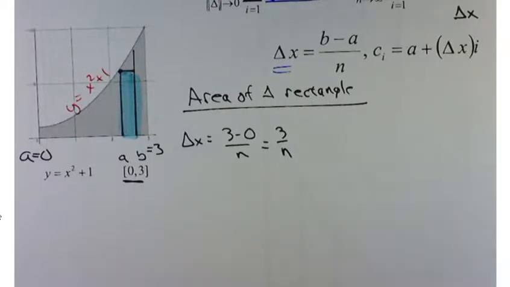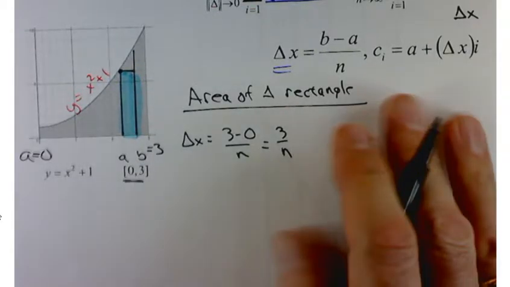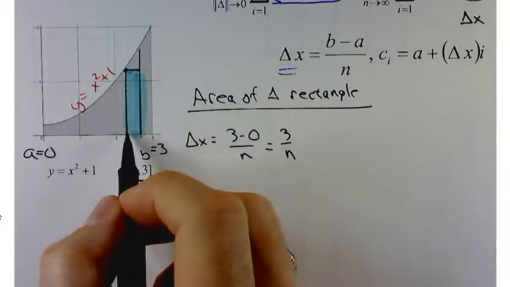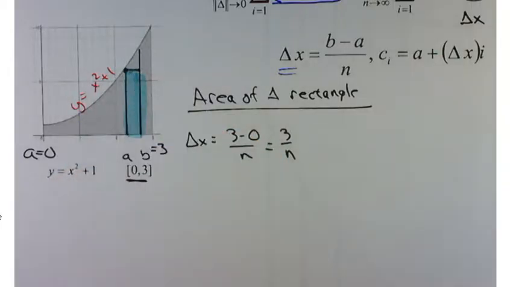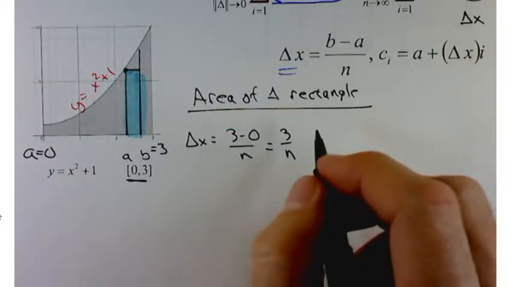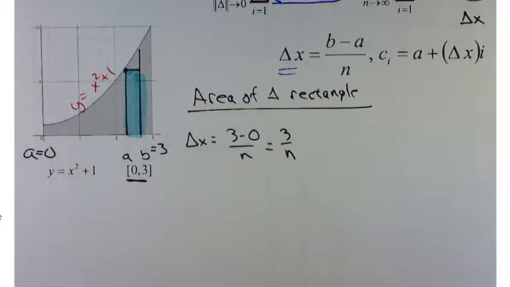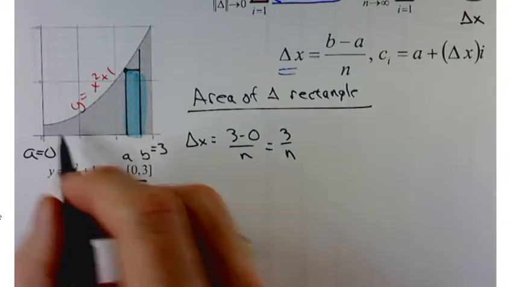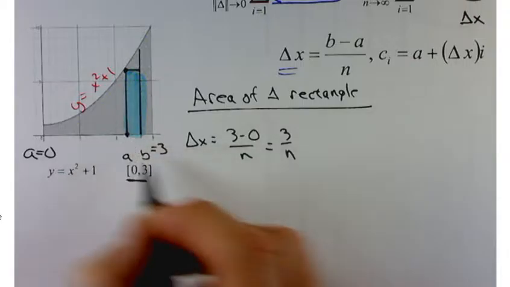I next need to find the height of each of these rectangles, and it's going to come from evaluating at the left-hand endpoint of all these subintervals. So I'm going to need something before I get to finding the height. What are the coordinates of this point here?